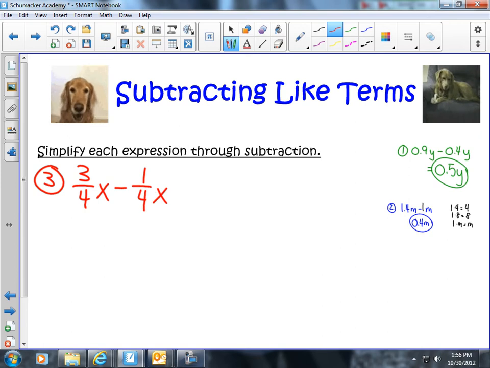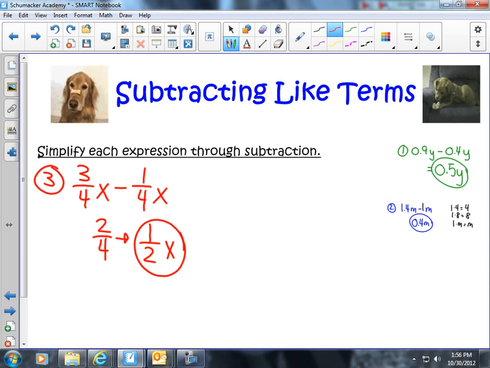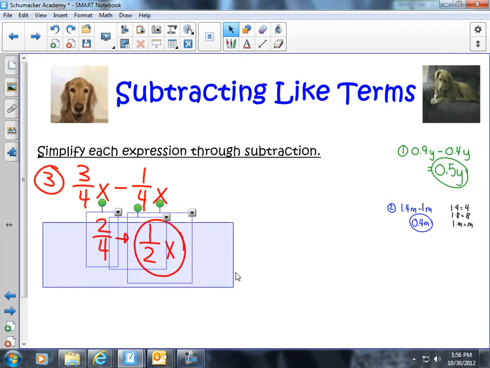In this problem, again, all we're going to do is subtract our fractions. If we take 3/4 and take 1/4 away, we are left with 2/4. But we know that that is equal to 1 half, so I'm going to simplify that. So now I have 1 half, and we're dealing with x's. So we have 1 half x, and that's as simplified as we can make that problem.